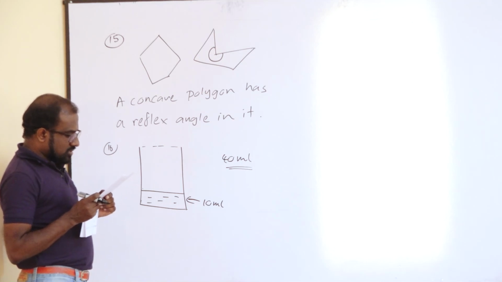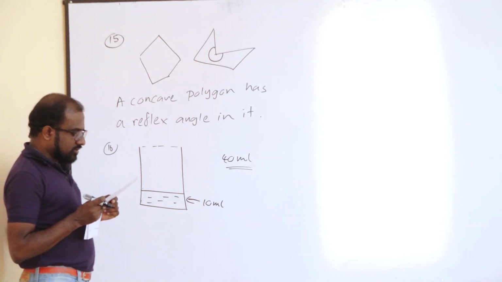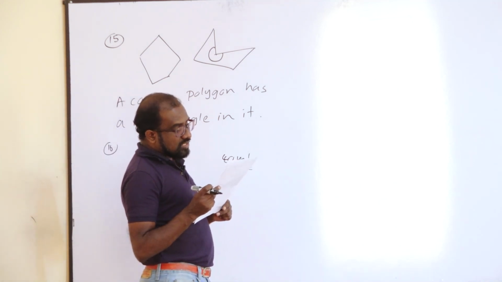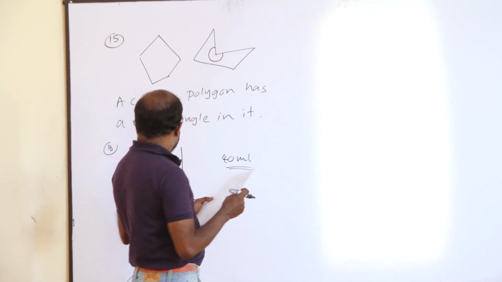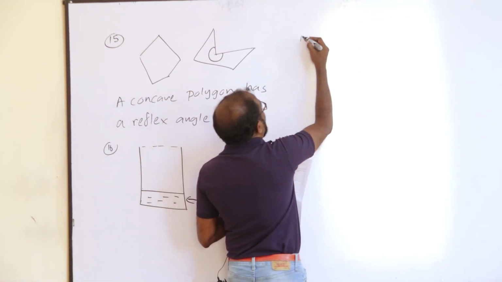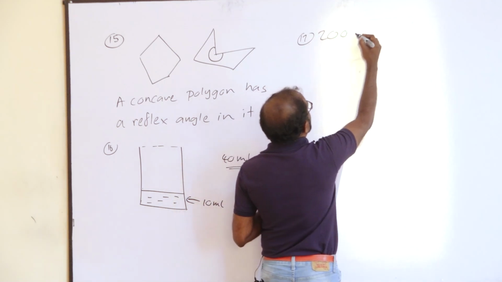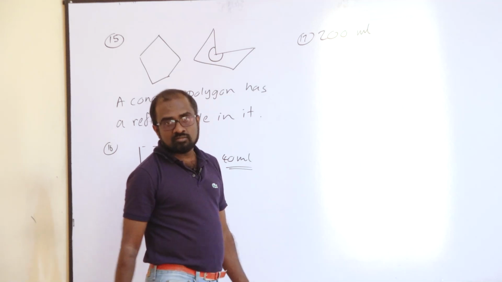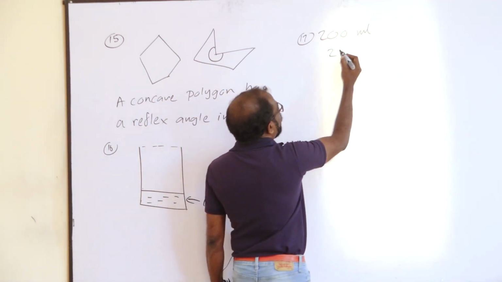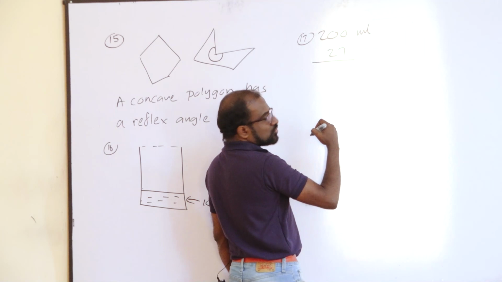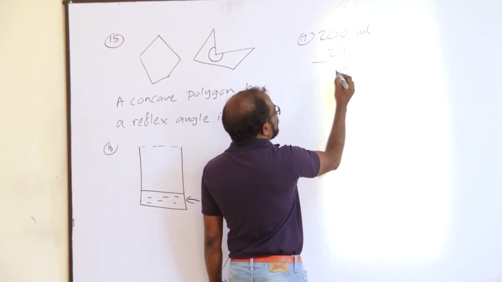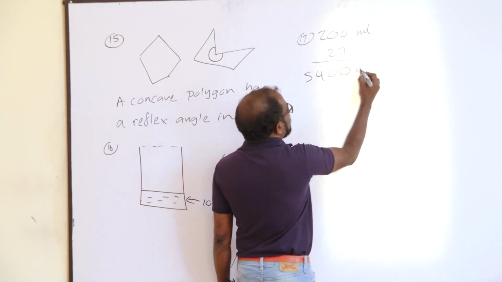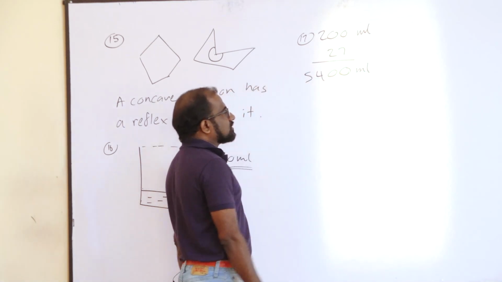A student needs 200 milliliters of soft drink. Find the volume of soft drink needed for 27 students in liters. One student needs 200 milliliters, and there are 27 students. First find the volume of soft drink needed for 27 students. 27 times 2 is 54, so 5,400 milliliters.